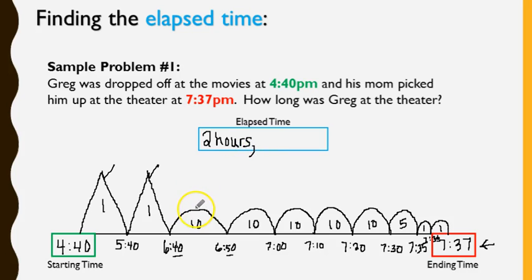And now I'm going to count my hills and my rocks. 10, 20, 30, 40, 50, 55, 56, 57. 2 hours and 57 minutes. So that is how long Greg was at the theater.